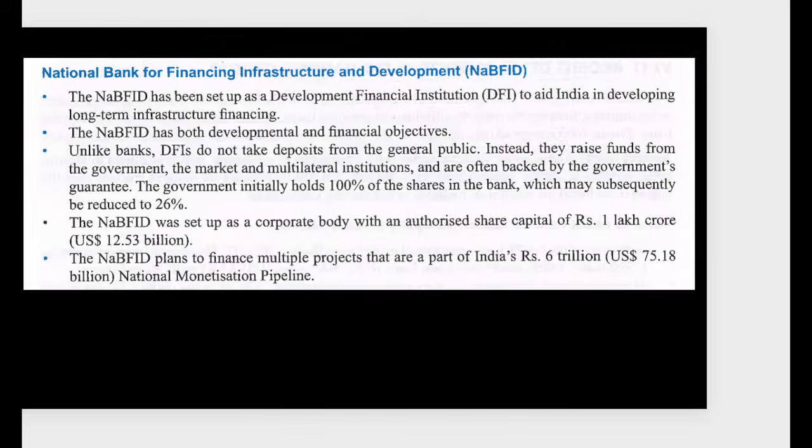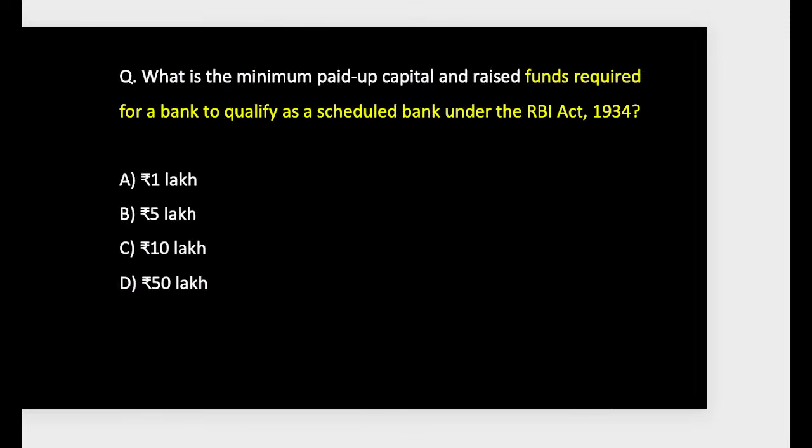It gets started with 1 lakh crore rupees, and it's a new DFI which will be focusing on long-term infrastructure financing and supporting it through derivatives, bonds and other areas. All right, chalo. Next question is very simple.